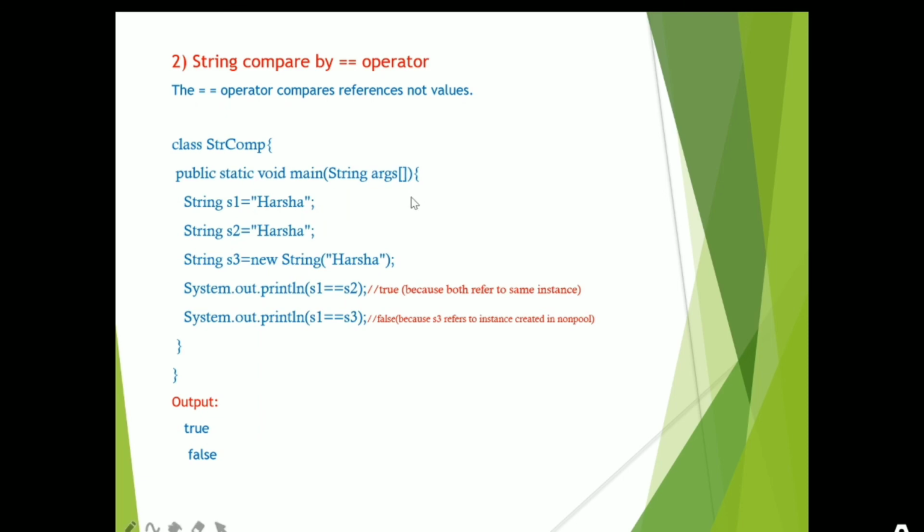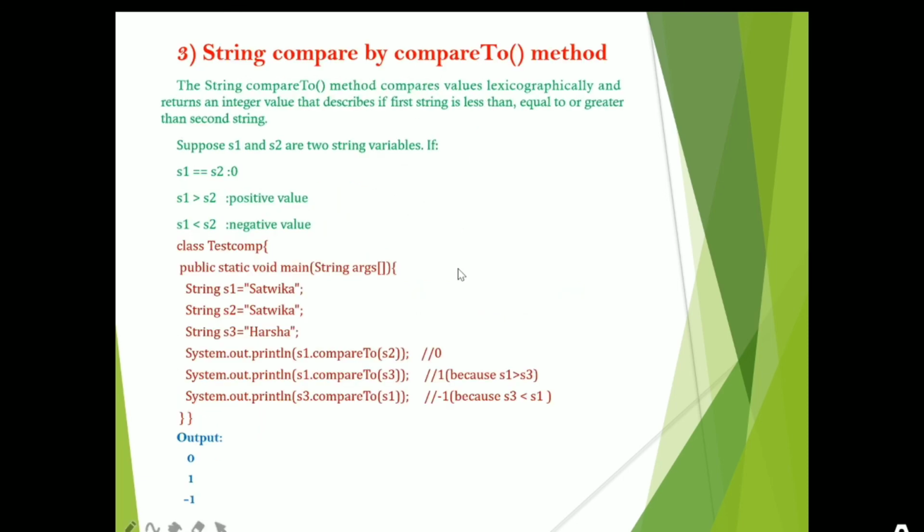And another method is the compareTo method. The compareTo method compares both strings lexicographically and returns an integer. If they are equal, it returns 0. If less than, it returns a negative value. If greater than, it returns a positive value.